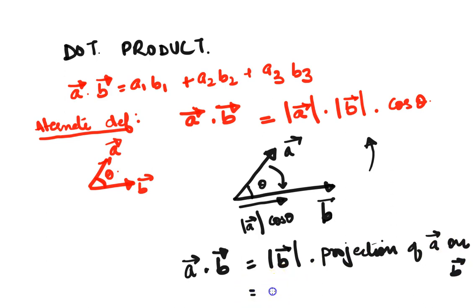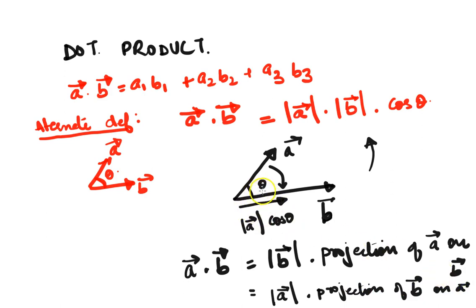Equivalently, we can say A dot B is the magnitude of A vector into the projection of B vector on A vector.